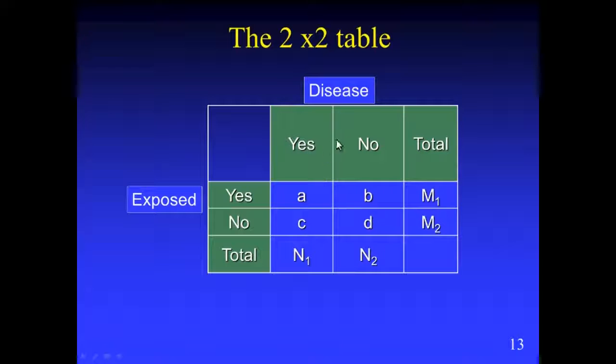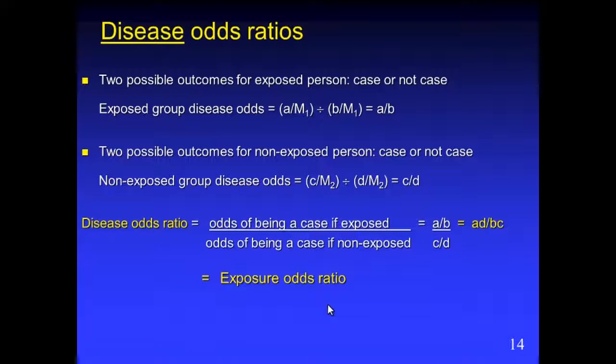You don't need to worry about which axis you have, simply because the exposure odds ratio and the disease odds ratio are identical. So that's a very convenient property of a case control study, that these two odds ratios are identical.